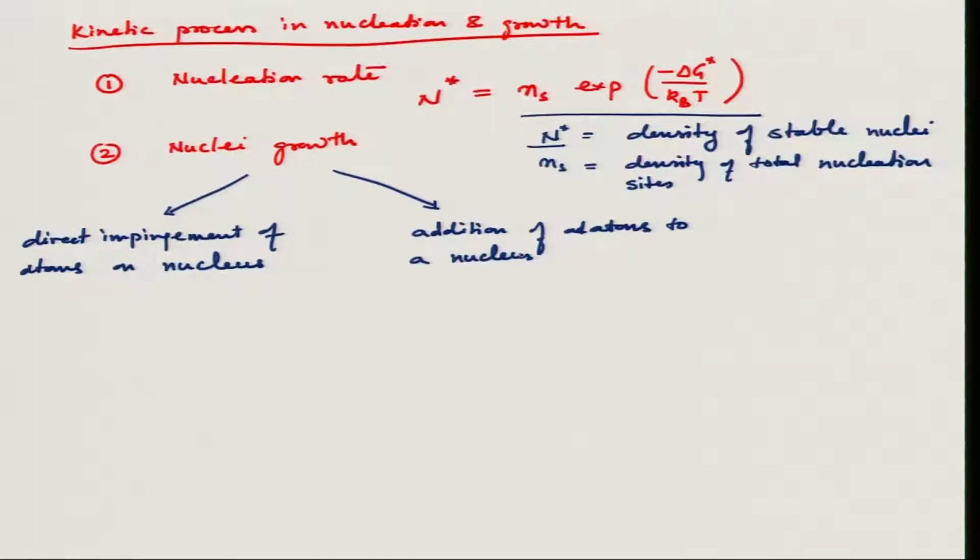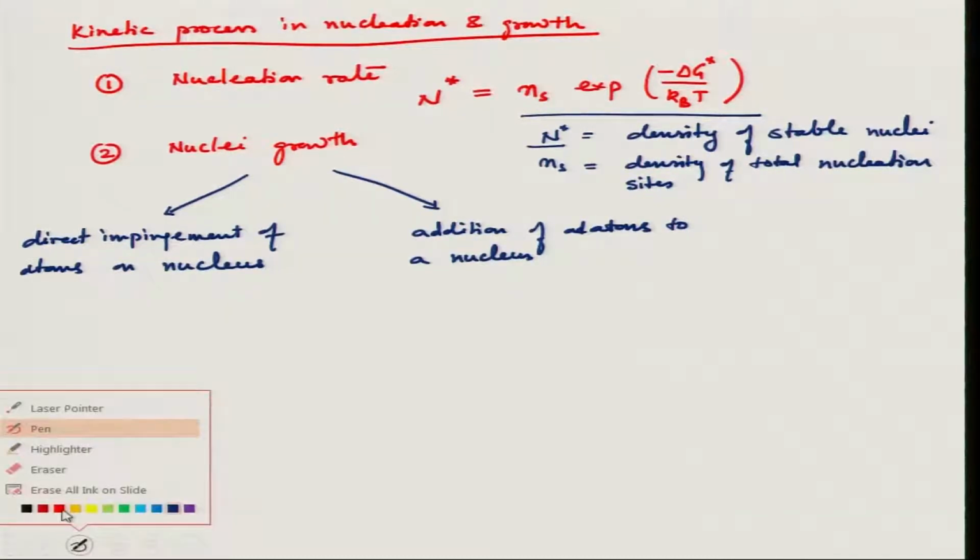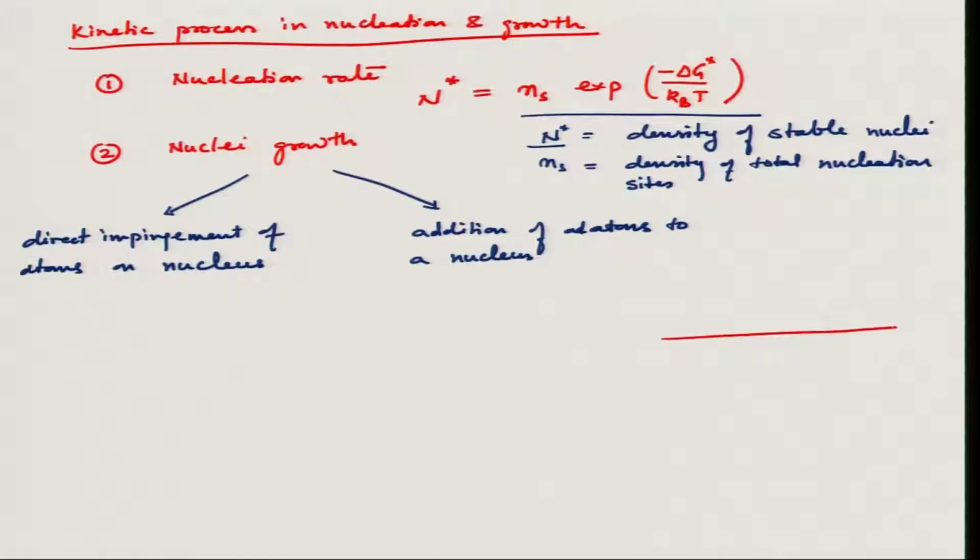Let me define these two things pictorially. If I have a substrate on which I have a stable nuclei, suppose this is my stable nuclei. Either adatoms can directly impinge on this and get added to this, or these can come here and diffuse on the surface and get added to it. These are the two processes in which this nuclei will grow.